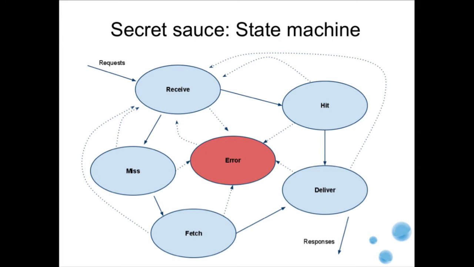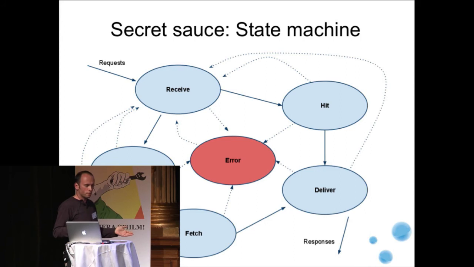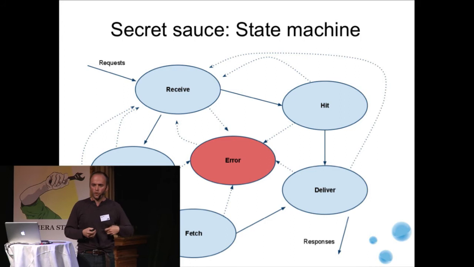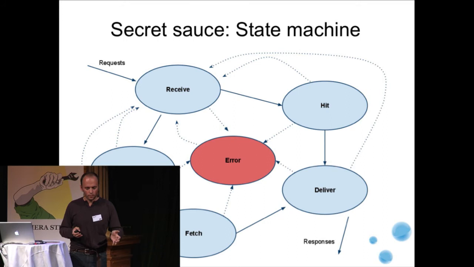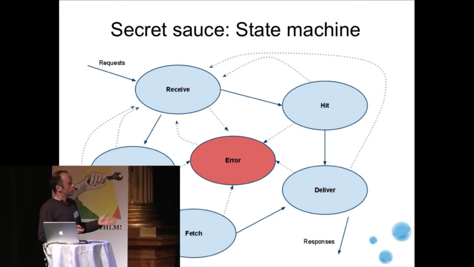And at each state here, we can run user code. So we can have your code, your business logic, running at each one of these states. If you want to do something after you fetched the object from the backend, inspect it, and maybe discard it if you don't like it. I've had a lot of screwed up app servers coming with an empty body. No errors, nothing, just an empty body.